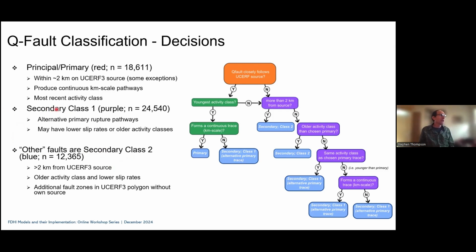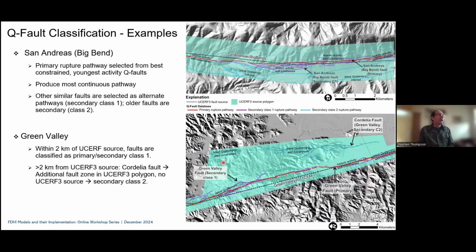So at first, we came up with two different classes of secondary displacement. We have a decision tree that Danielle and Ality developed to do this classification across the state. And here are some examples of the classification scheme. Here we have a reach along the Big Bend of the San Andreas, where in red we have what's tagged as the principal trace.